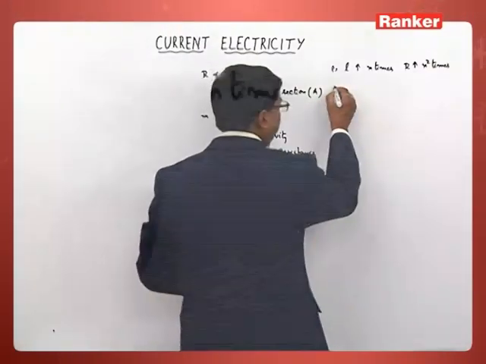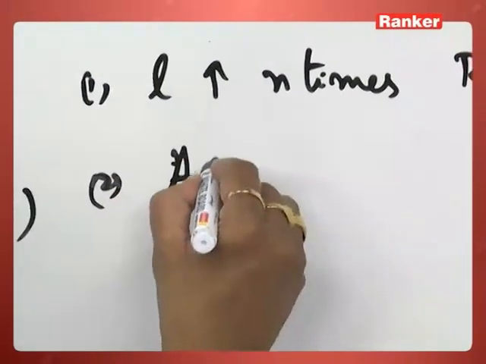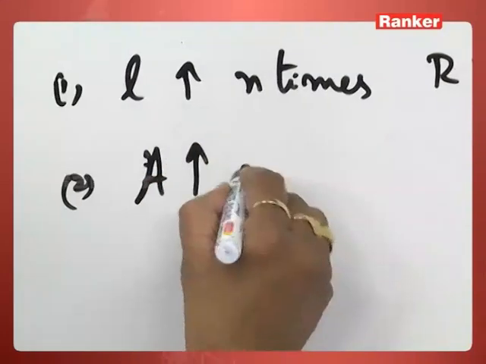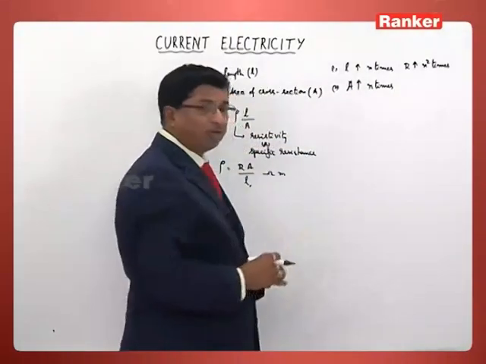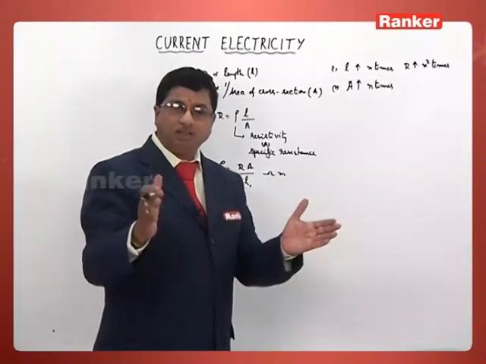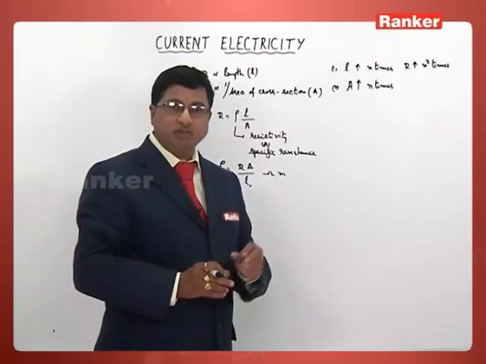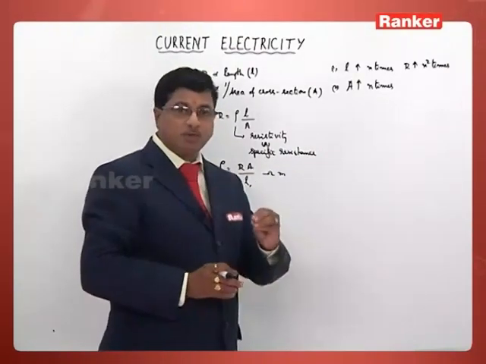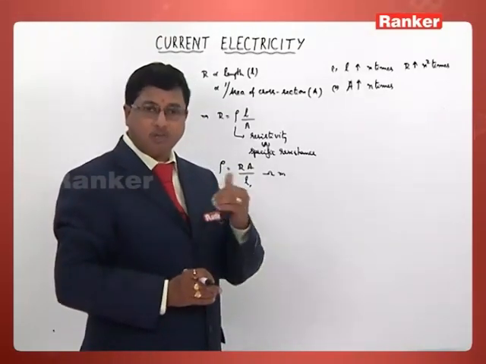Likewise, of course, if you take the next one, if area of cross section is increased by n times. How can you increase area of cross section by n times? By compressing the total length of that conductor, you can increase the area of cross section. So area of cross section, suppose, is increased n times for the same conductor. Then what is the very meaning of that?